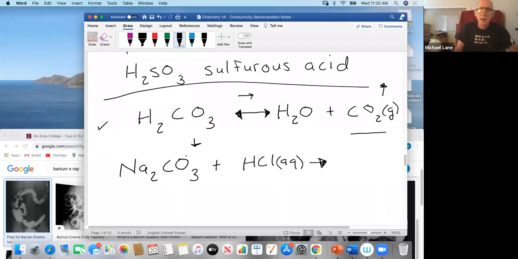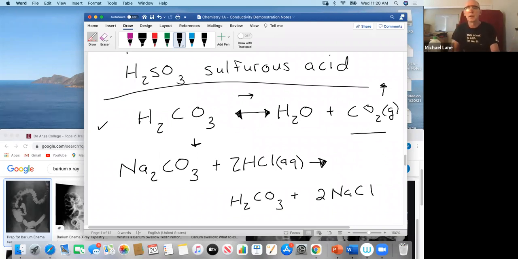The carbonate is -2, the hydrogen is +1. Jumping right to the completely balanced chemical equation for that one: sodium carbonate plus 2 hydrochloric acids react to give carbonic acid plus sodium chloride.